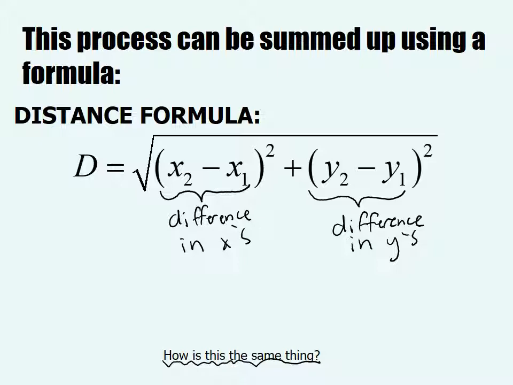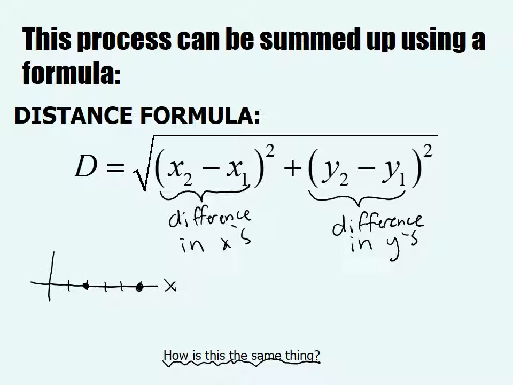Well, x2 minus x1 is essentially just counting the distance between our two x's. If we're looking on our coordinate plane, on the x-axis, let's say the first point is at (2, 0) and the next is at (5, 0).